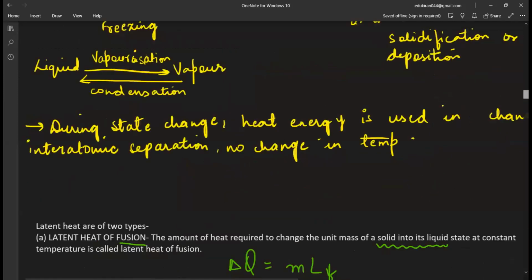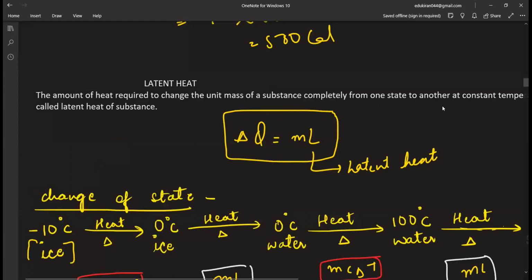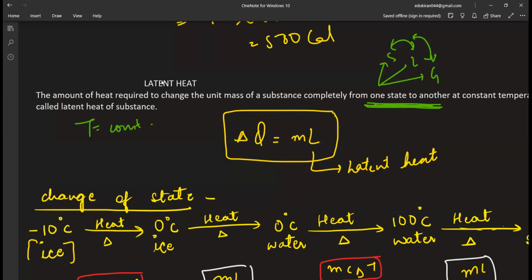So what have we discussed? Latent heat is when one state is completely changed into another. You know there are three states of matter: solid, liquid, and gaseous. If any of these changes into another without a change in temperature, with the temperature constant, we call this latent heat.